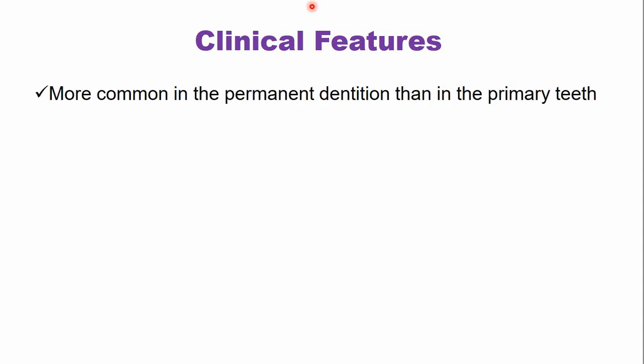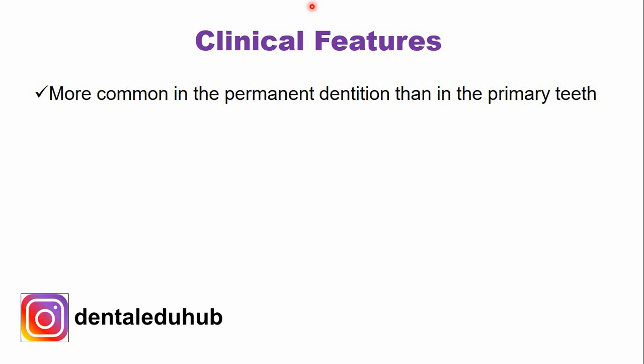So what are the clinical features of hypodontia? In hypodontia, it is most common in the permanent dentition. You will see the cases of hypodontia mostly in the permanent dentition, and in the primary dentition it is rare. If it is present in the primary dentition, usually the mandibular incisors are affected.